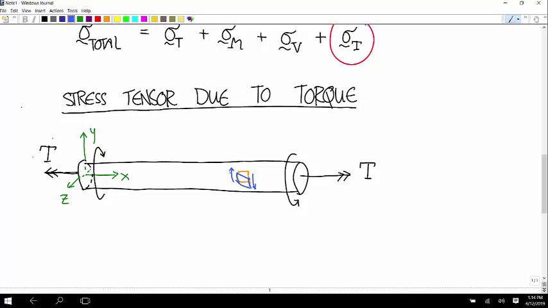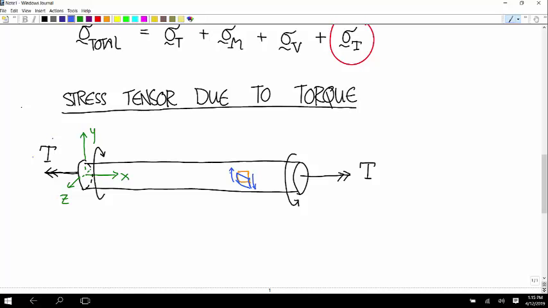Okay. So if you think of that as a stress element, what are those? I guess they're really tractions. Like what face is it on? The positive and negative, what face? X face. And what direction? Y direction.